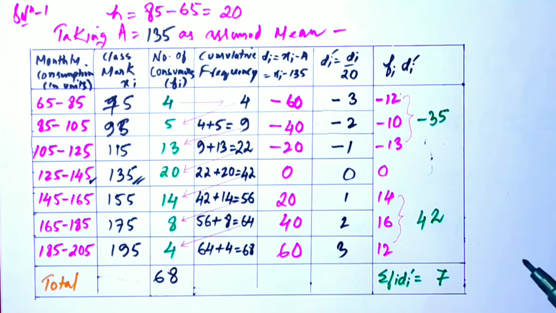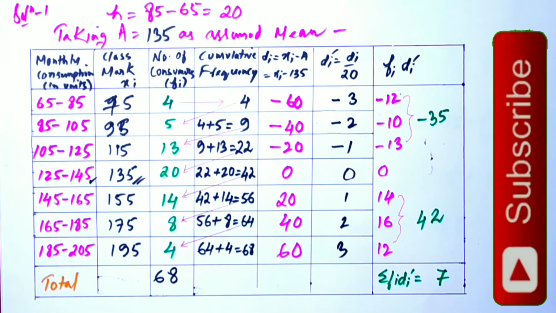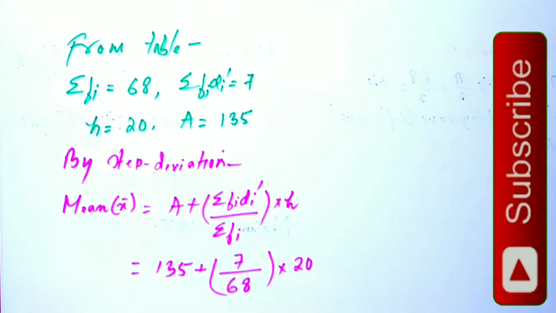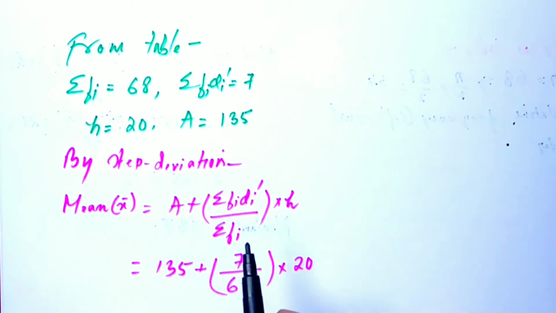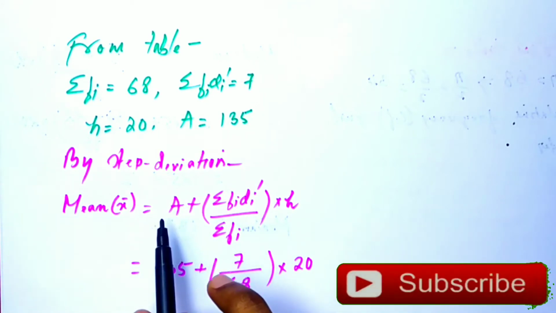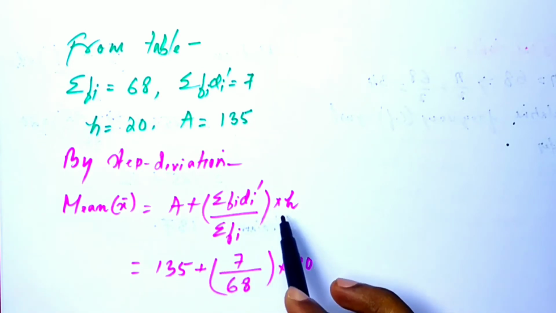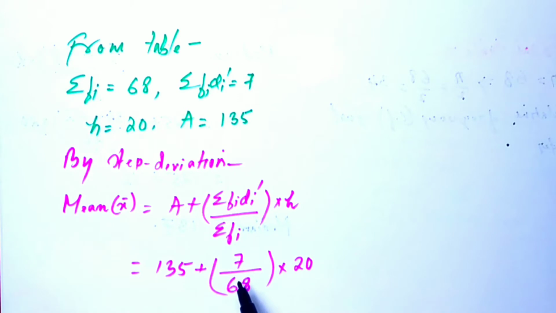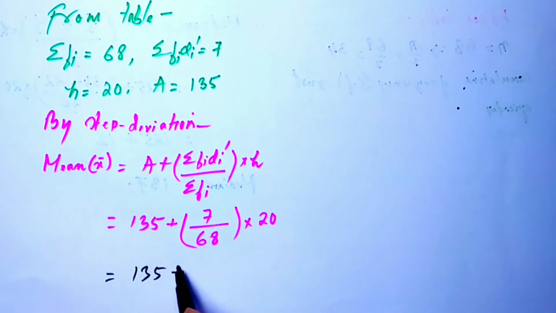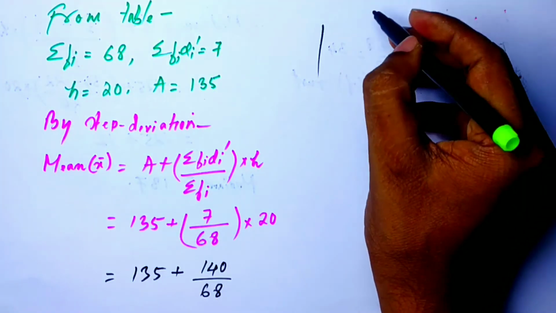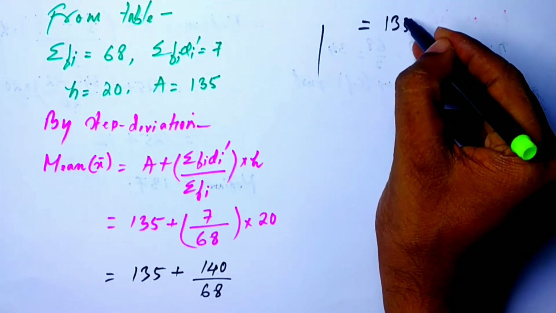and a is 135. Now let us use the formula to calculate the mean. We substitute the values in the formula of mean: a plus summation fi di dash divided by summation fi, into h, as 135 plus 7 by 68 into 20. 7 into 20 is 140, divided by 68.